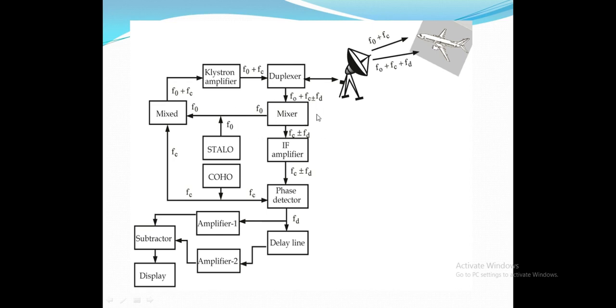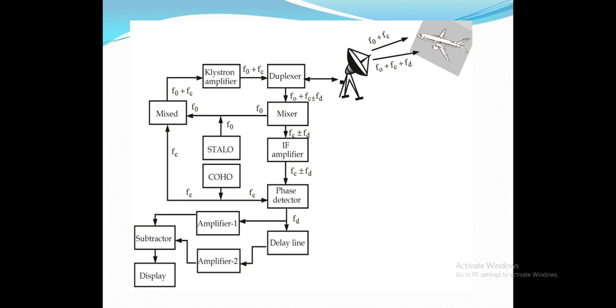See here, in mixer 2, the echo pulse from the target is received by using this receiving antenna. If the echo is due to a moving target, the echo pulse undergoes a Doppler shift.